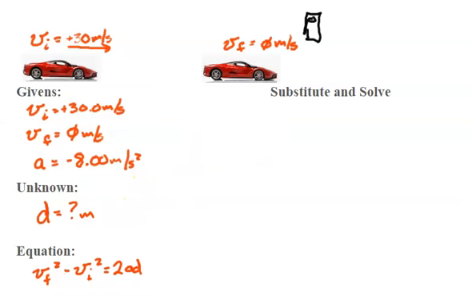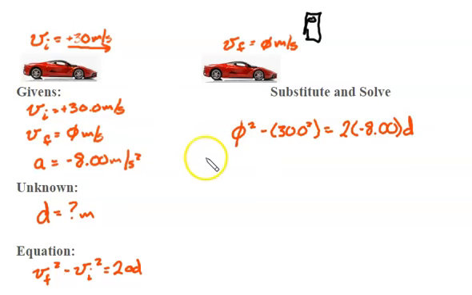When I replace numbers for letters, velocity final is 0, but I'm going to square that, minus the quantity 30.0 squared, equals 2 times the acceleration, which is negative 8.00, times d. When I do the math, I get 0 minus 900 equals negative 16d.